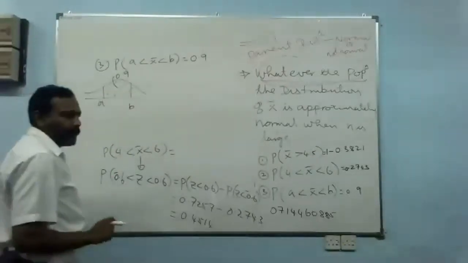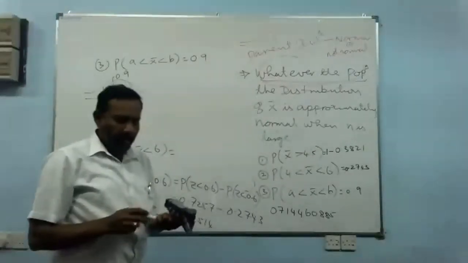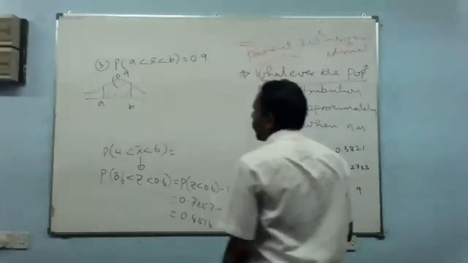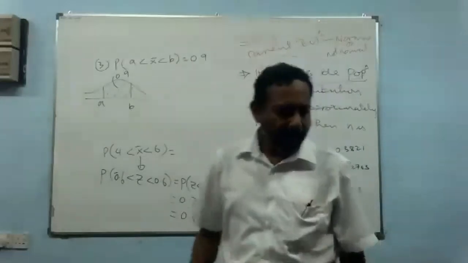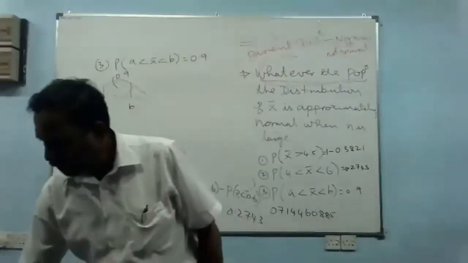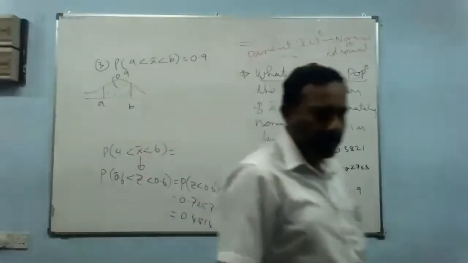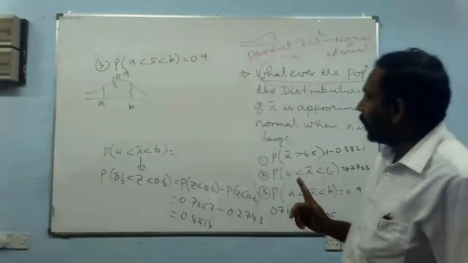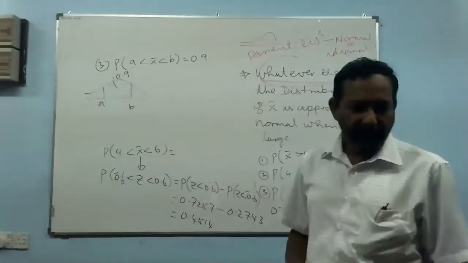So you are asked to find A and B. Can you tell me the value of A and B if you have done already? No, I'm asking the value of A and B.